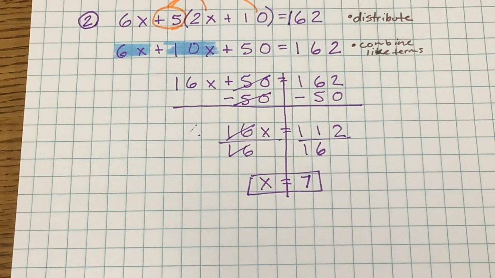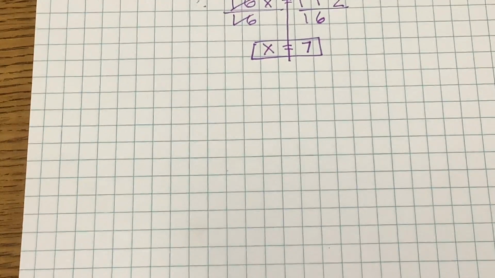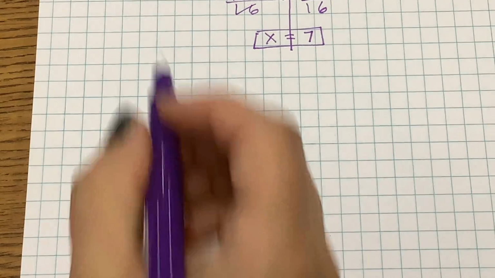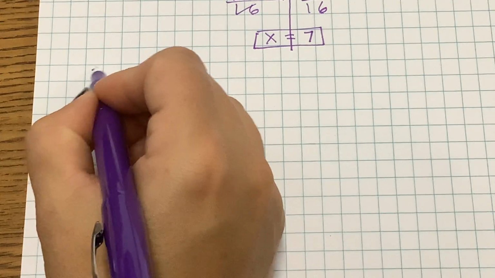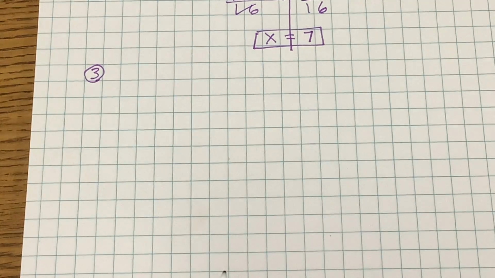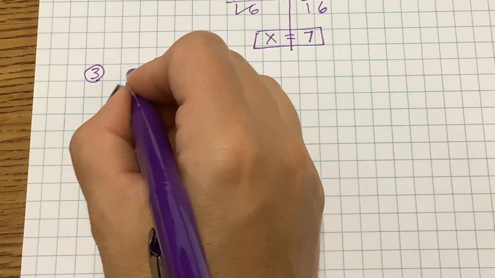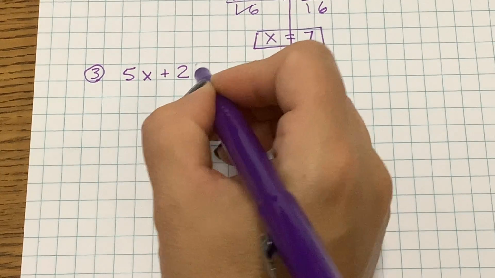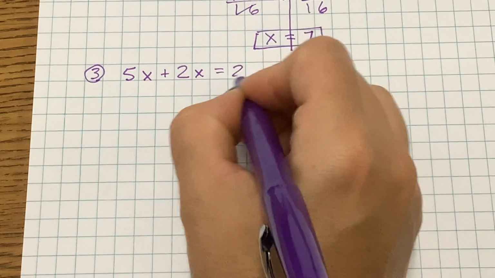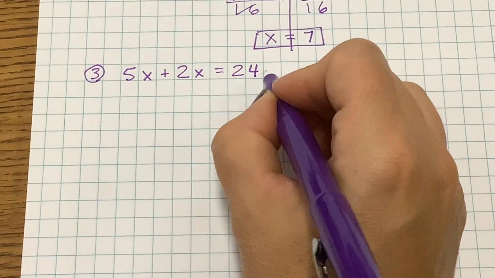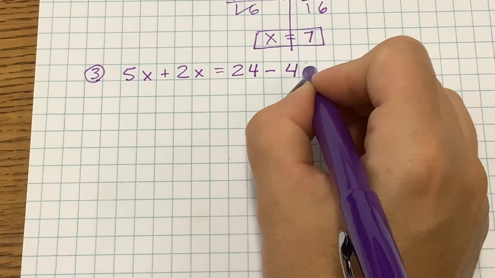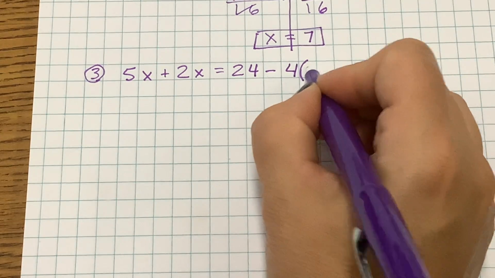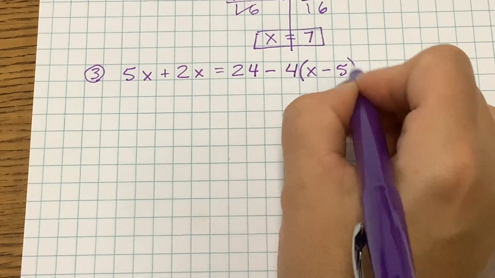All right, let's look at number 3. Okay, so this one is 5x plus 2x equals 24 minus 4 times x minus 5.